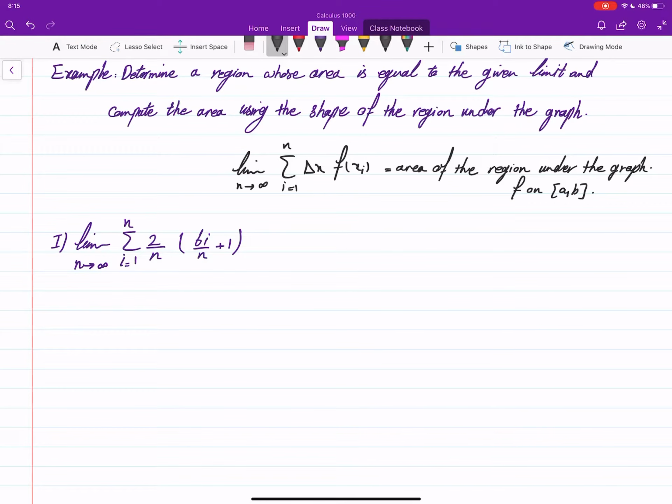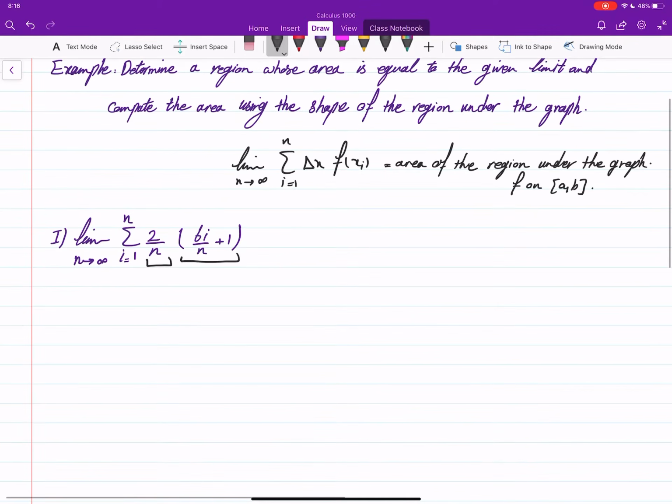So you look for a piece which is multiplied to another piece which has some i's in it. Okay, 2 over n seems a good candidate for delta x. And while delta x is equal to 2 over n, and we know that delta x is b minus a over n, this implies that b minus a is 2.